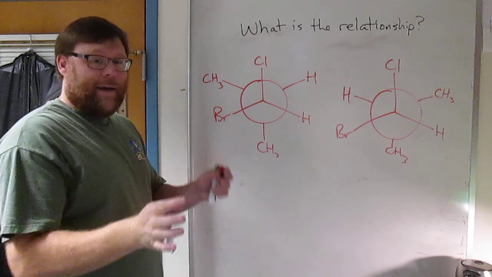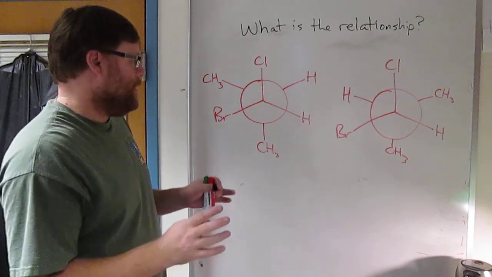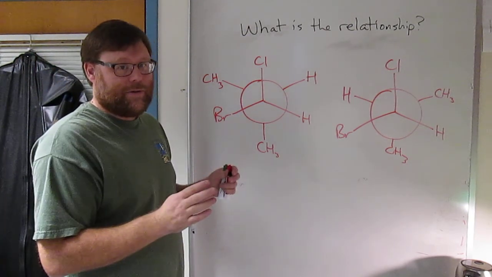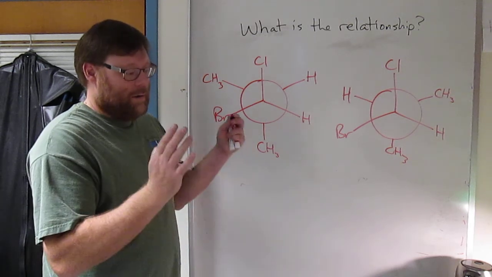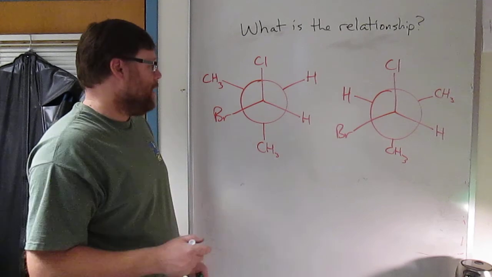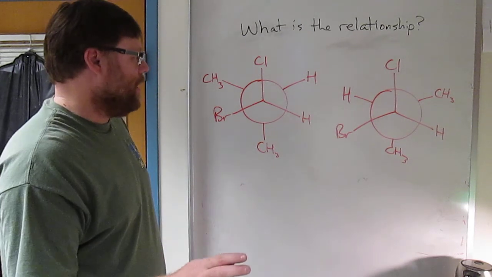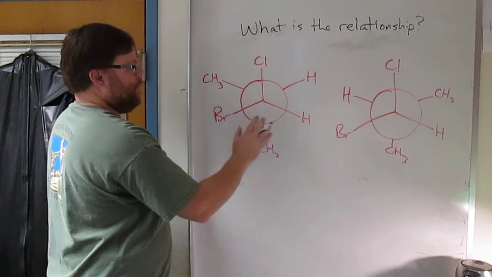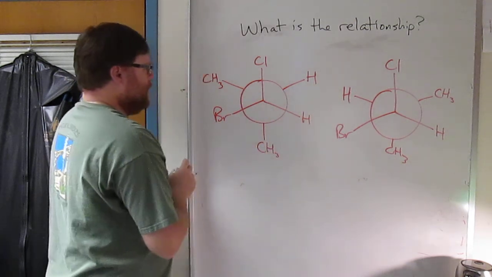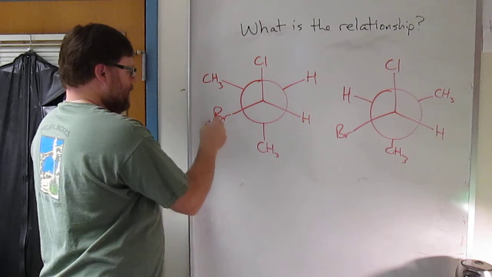So now, if you have a chiral atom, and you can't immediately tell if they're mirror images or not, what you need to do is assign R or S, or do some other sort of identical comparison. In this case, rather than assign R and S, the easiest thing to do is just go by priority of what we can see.